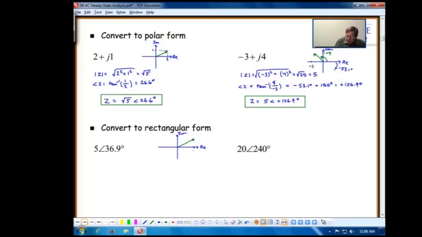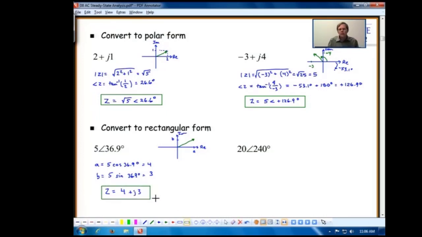So the A value lies here and the B value lies here. So A is 5 cosine 36.9, which is 4, and B equals 5 sine 36.9 degrees, which is 3. Therefore, z in rectangular coordinates is 4 plus j3.